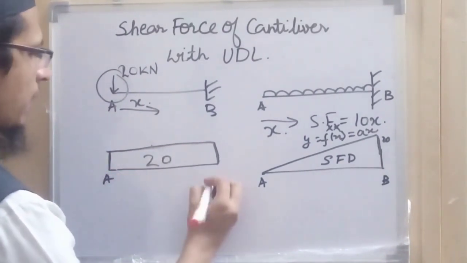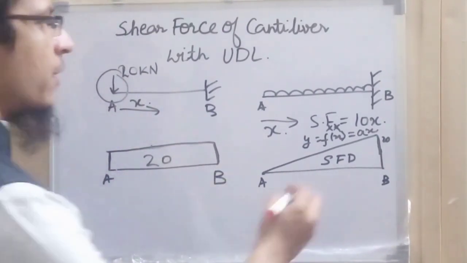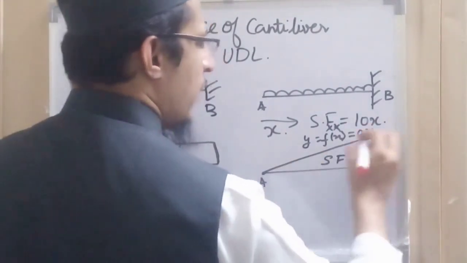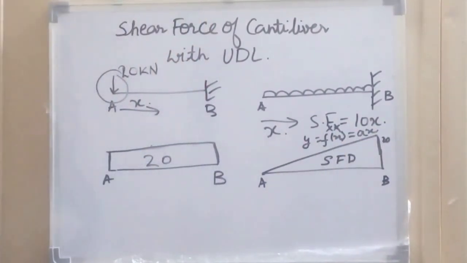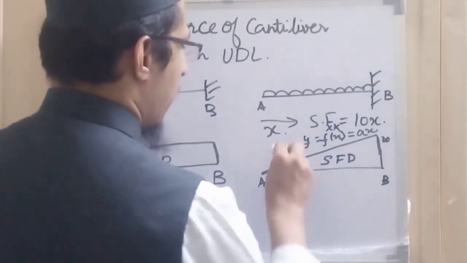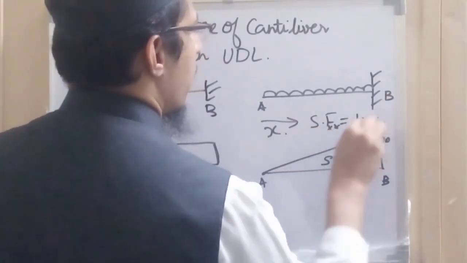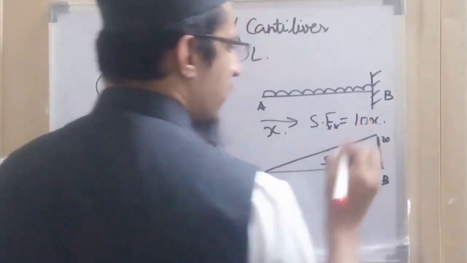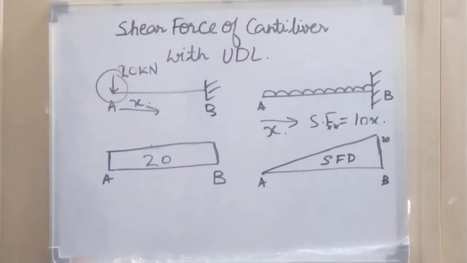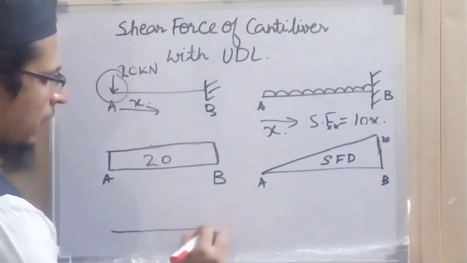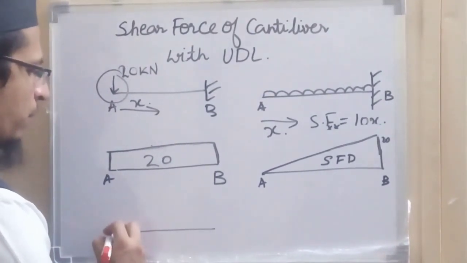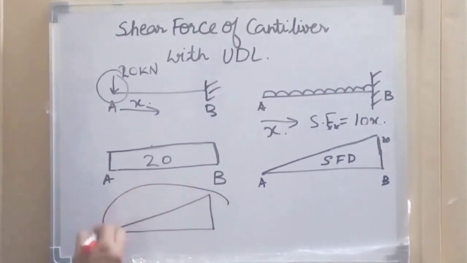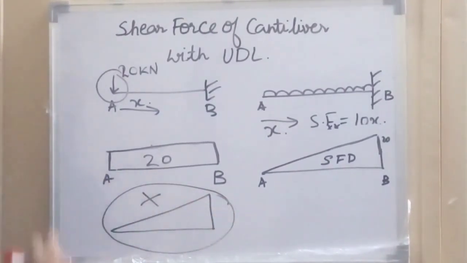This is A end and this is B end, and for the case of UDL, the shear force diagram will be linearly varying. If we want to directly check the shape of the shear force diagram, suppose somebody has drawn the shear force diagram for a point load like this, then without checking the calculation, we can say that this is wrong.